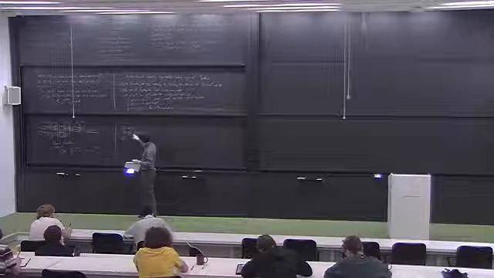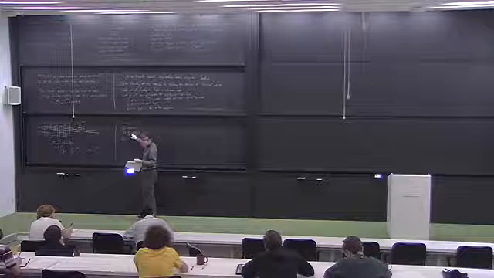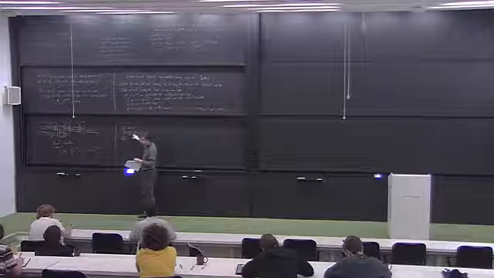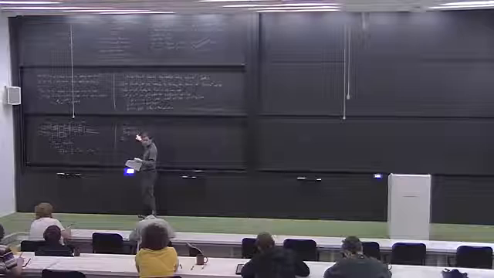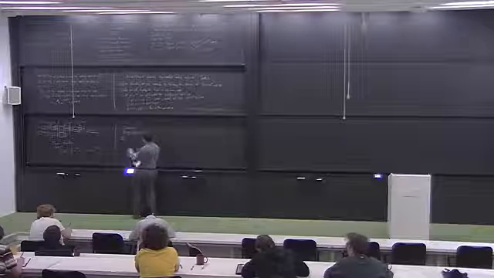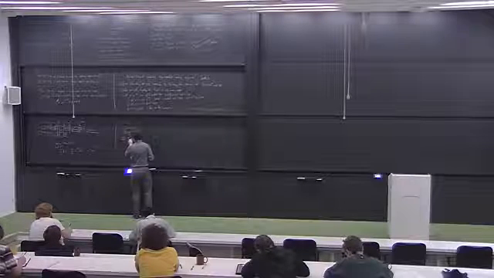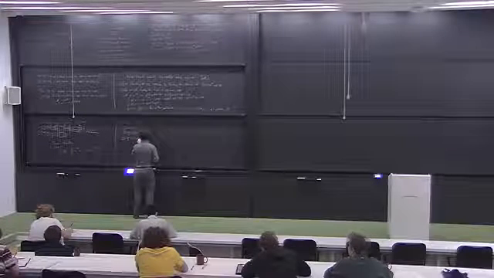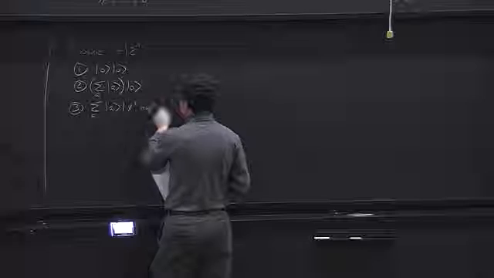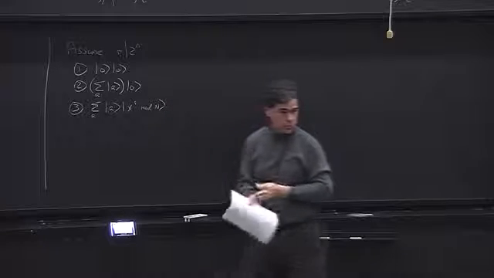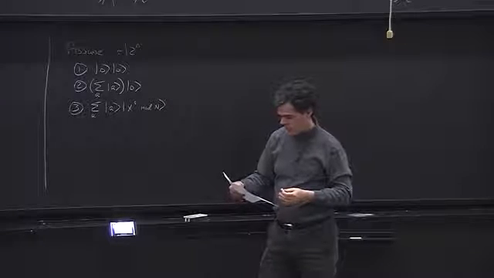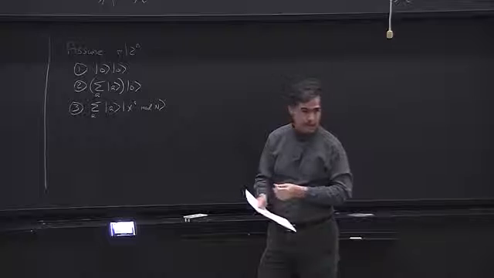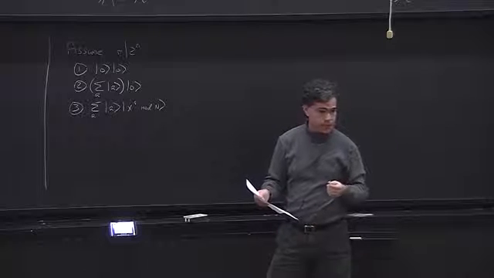Conditioned on the first register, we're computing x to the A mod n in the second register. So now we have this potentially entangled state, the sum over A of A, x to the A mod n. So far, so good?